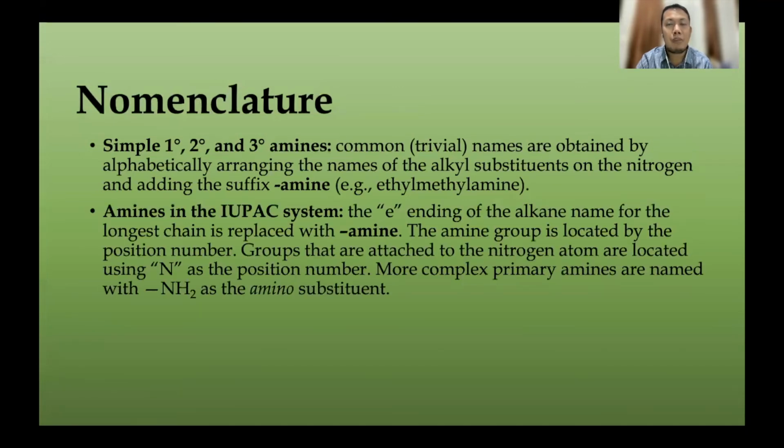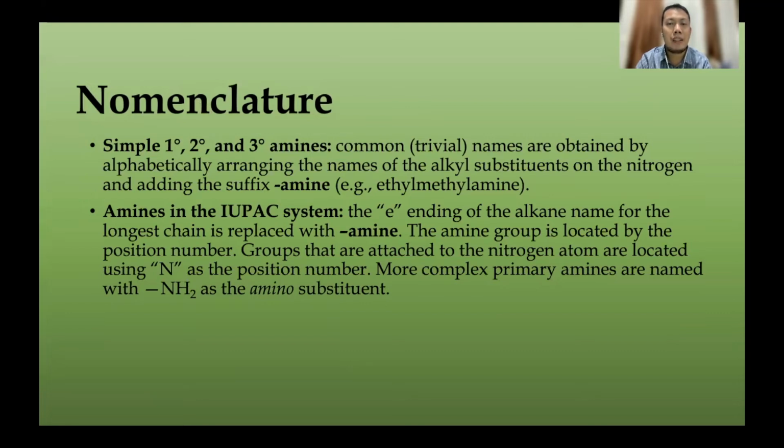For amines in the IUPAC system, the E ending of the alkane name for the longest chain is replaced with amine, like in methanamine, ethanamine, propanamine, butanamine, pentanamine, hexanamine, and so on. The amine group is located by the position number. Groups that are attached to the nitrogen atom are located using N.